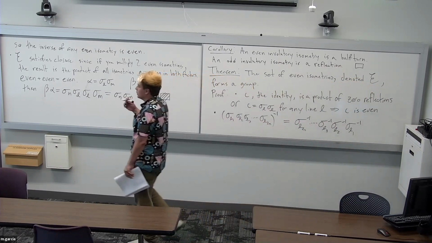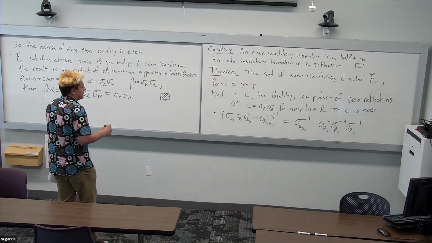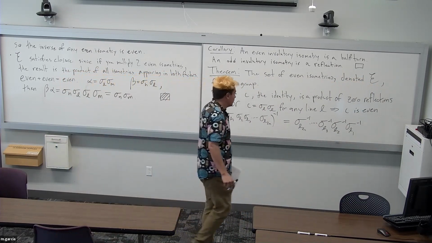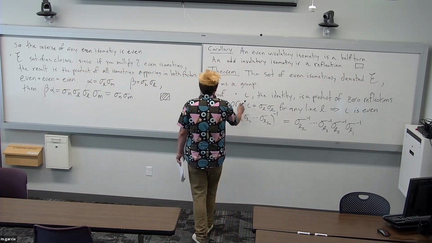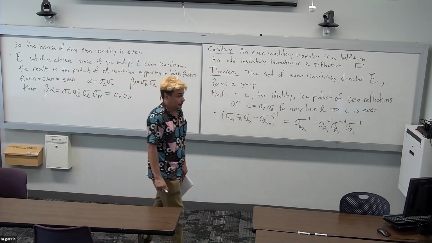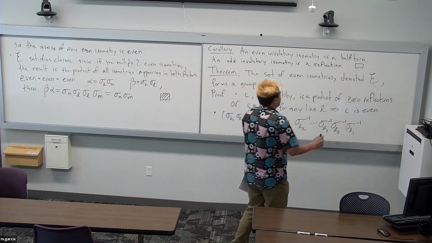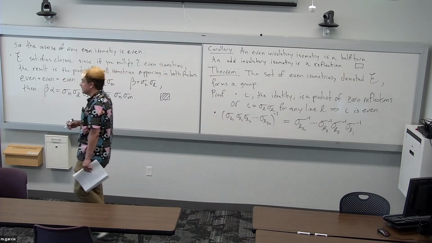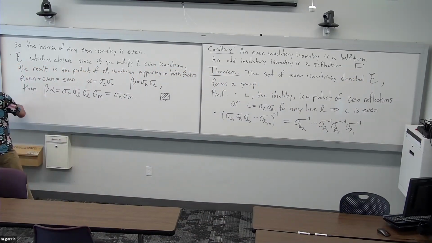Remember, we showed that no isometry can be both odd and even. And here we gave some justification that the identity is even. Therefore, the collection of odd isometries cannot have the identity in it. So I'll just say that.